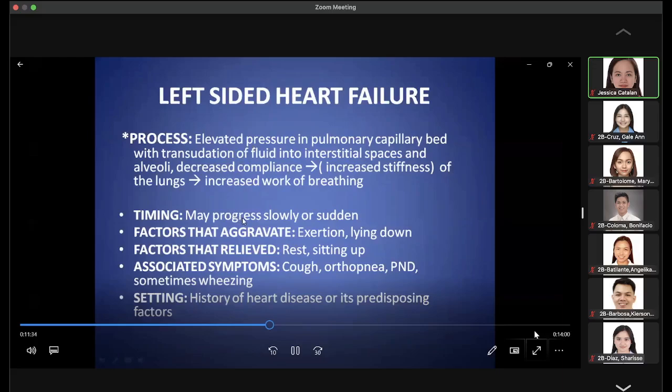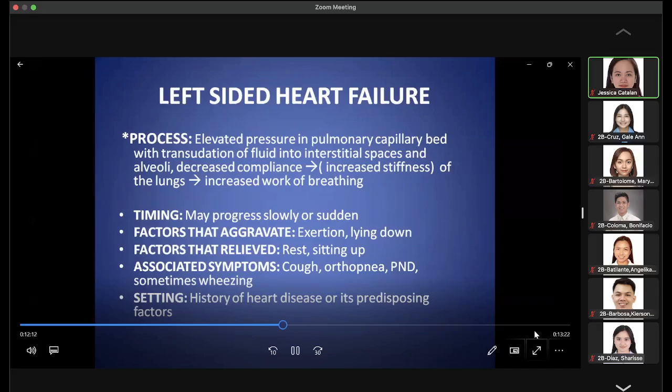Timing, it may progress slowly or suddenly, so it's variable. Factors that aggravate are exertion and lying down. Factors that may relieve are resting or sitting up. Associated symptoms: patients may complain of dry cough, orthopnea, paroxysmal nocturnal dyspnea, and sometimes wheezing, in the setting of a patient with a history of heart disease or its predisposing factors.